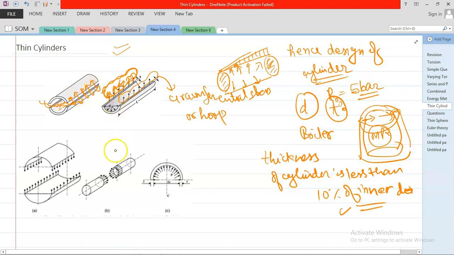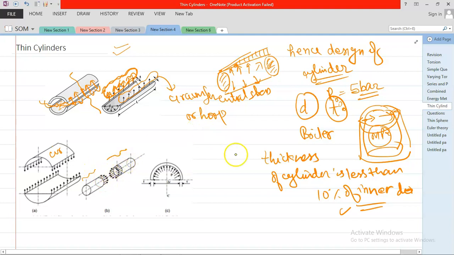Now there is another case. This is the same case, circumferential stress. Now here the case is that if this body breaks like this, suppose this is one part of the body, this is your second part of the body, and it is breaking like this.